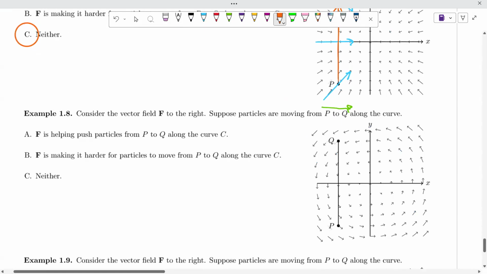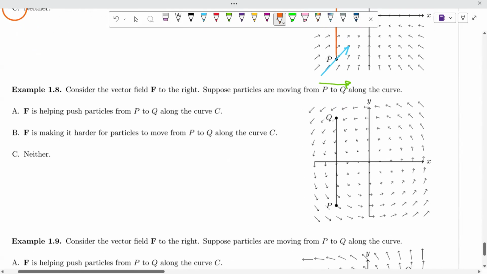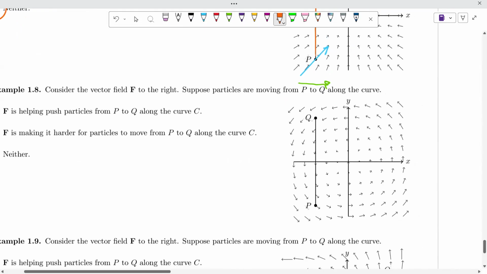Let's try that again, but looking at this other field. If I just broadly look at the way that my arrows are pointing, this field is swirling counterclockwise, right? All of my fields seem to be going around like that. Let me mark that off in blue because I'm going to be using that to represent the field.